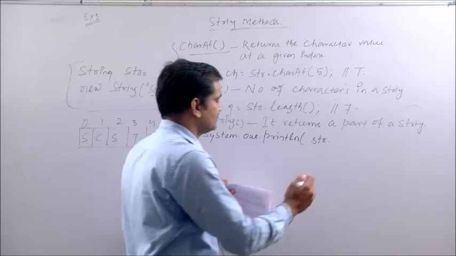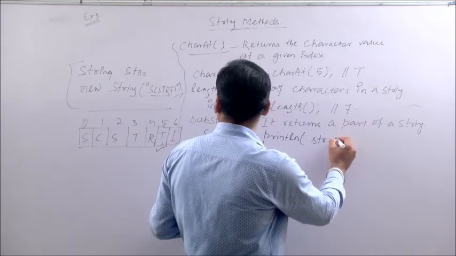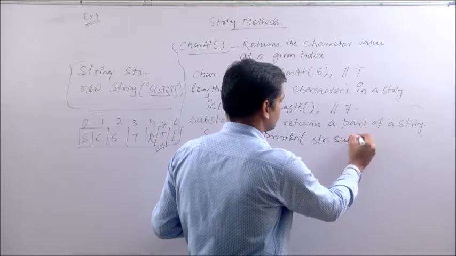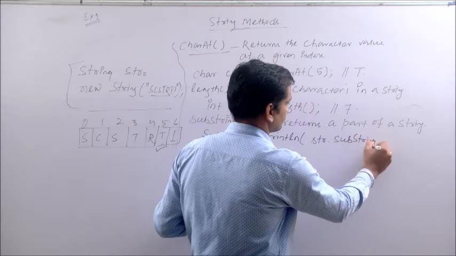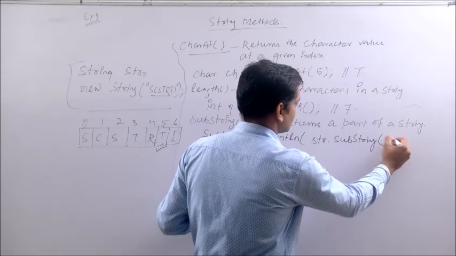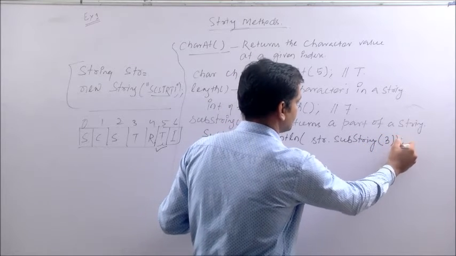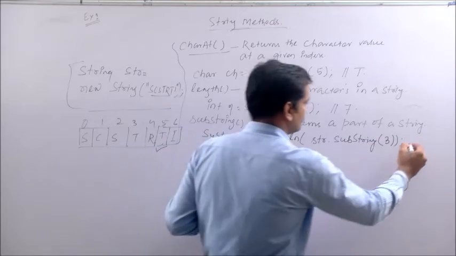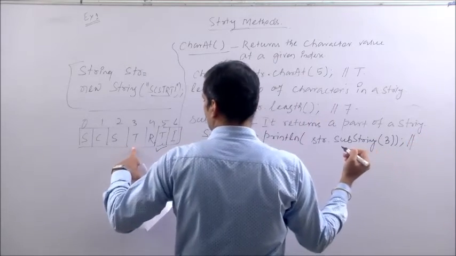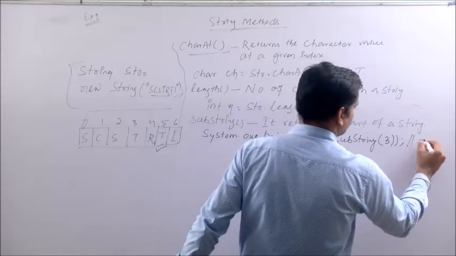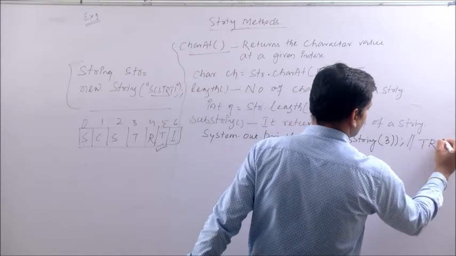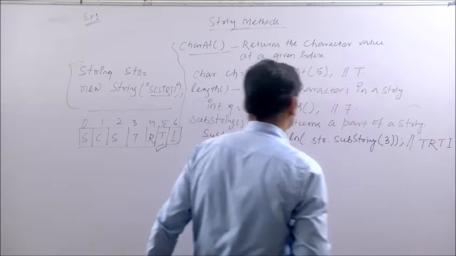So, you can use it like this: str.substring, and from which index do I want it? I want it from index 3. So this is going to return, starting from index 3, the string output trti.